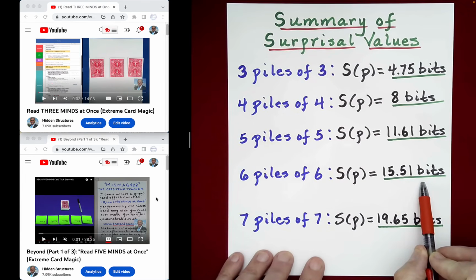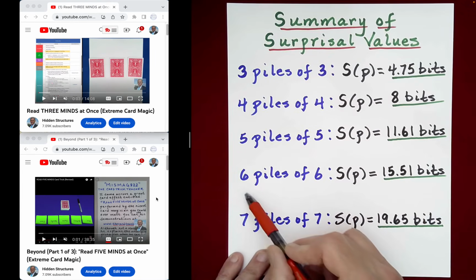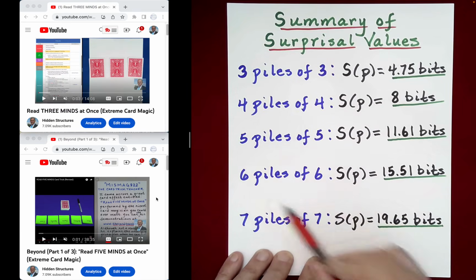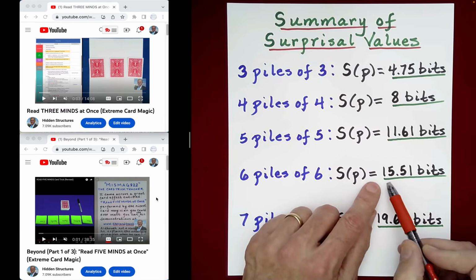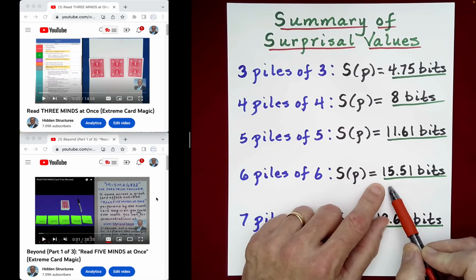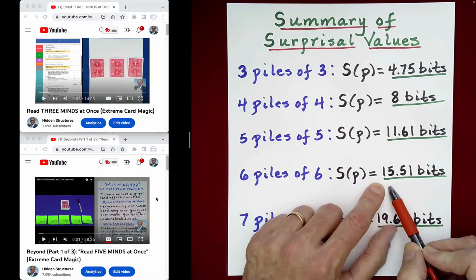So the surprise associated with watching the successful completion of that performance is the same level of surprise someone would experience in taking a 15-question true-false exam for which they have not studied and they're forced to just randomly guess the answer for each and every one of those 15 questions.